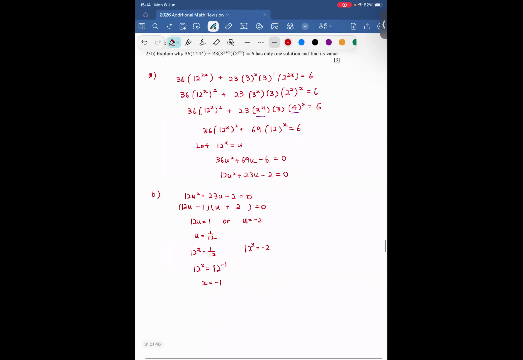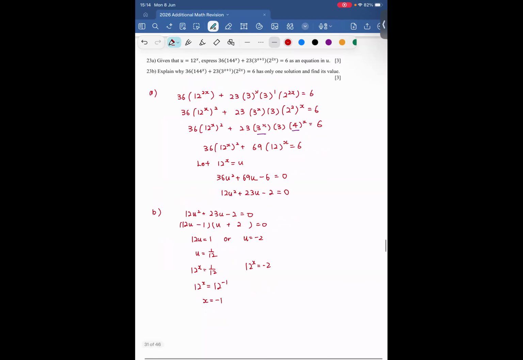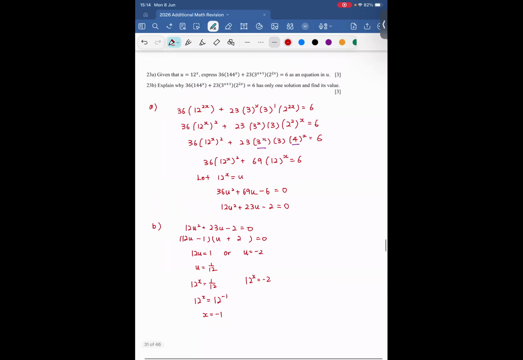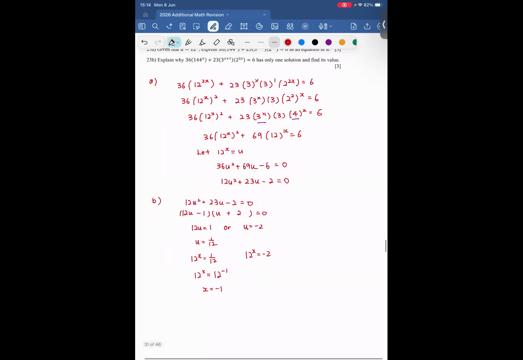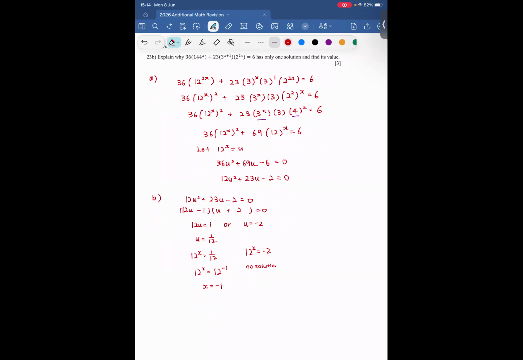Okay, for this part, you have to explain a bit lah because the question says it has only one solution. So this one I say no solution because 12 power x is always positive. So you cannot find an x that you put inside 12 power x that will give you a negative number.